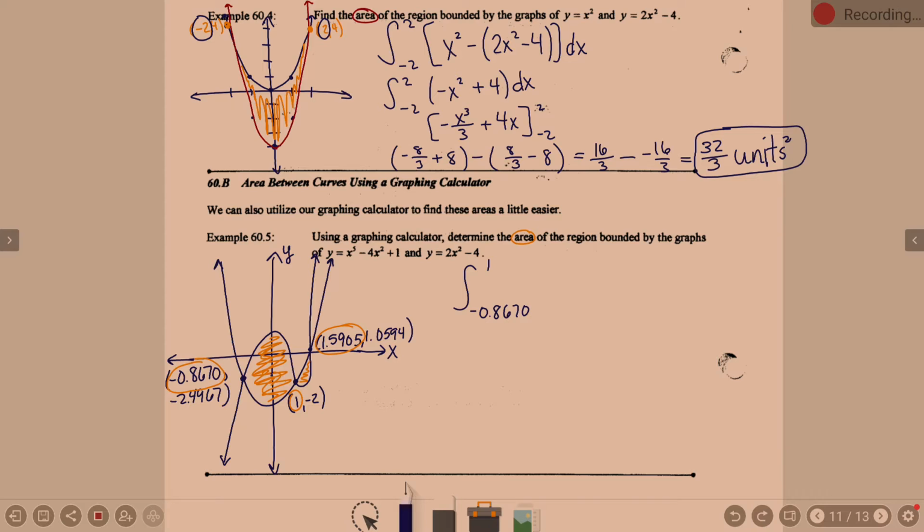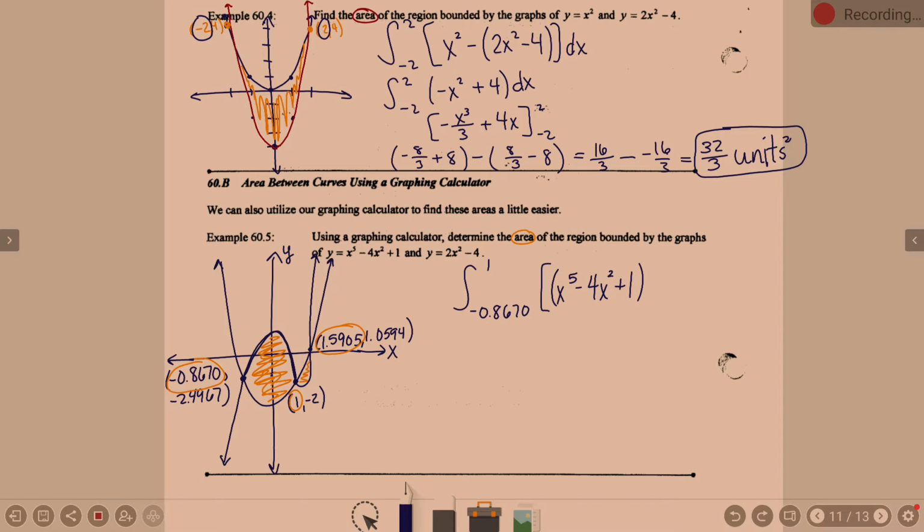Yes, I agree. And then the quintic would be the upper value. Okay, and this is where you have to be careful. Which is my upper curve? And at this point, it's this right here, yes? And that upper curve is the quintic. So that's going to be x to the 5th minus 4x squared plus 1.